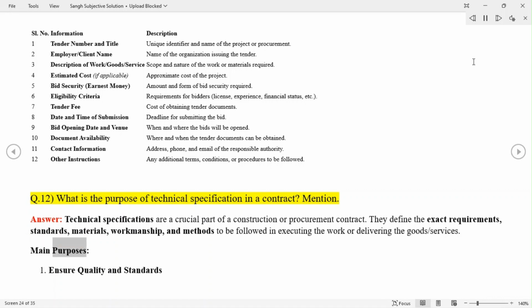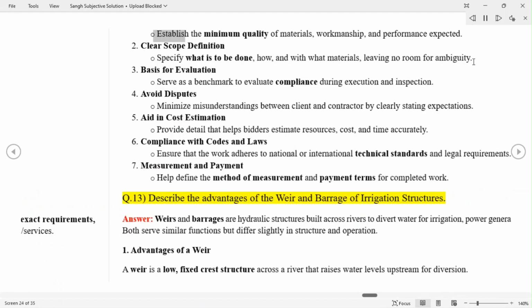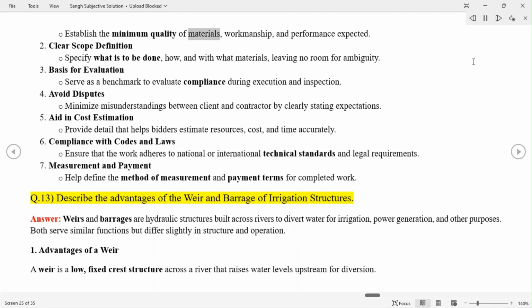Main purposes: ensure quality and standards, establishing the minimum quality of materials, workmanship, and performance expected. Clear scope definition: specify what is to be done, how, and with what materials, leaving no room for ambiguity.